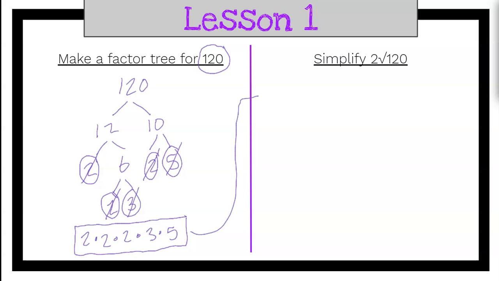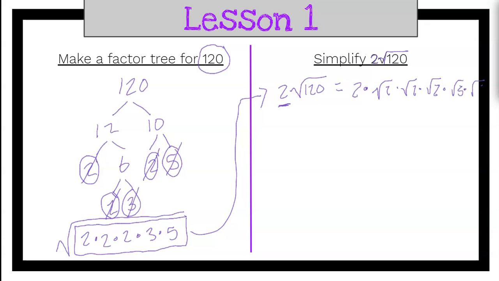Then we're going to use that to help us simplify this radical of 2 square root 120. So 2 square root 120 equals, I'm going to keep that 2 in the front, 2 times, and then our radical, the square root of 120, we're really making that the radical of its product. So the square root of 2 times the square root of 2 times the square root of 2 times the square root of 3 times the square root of 5.